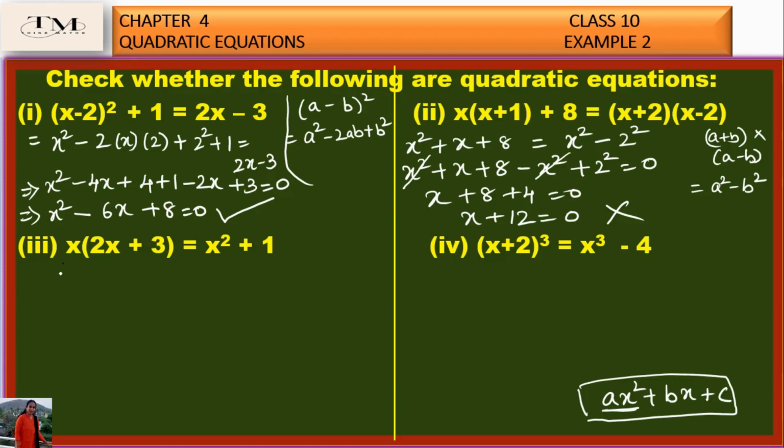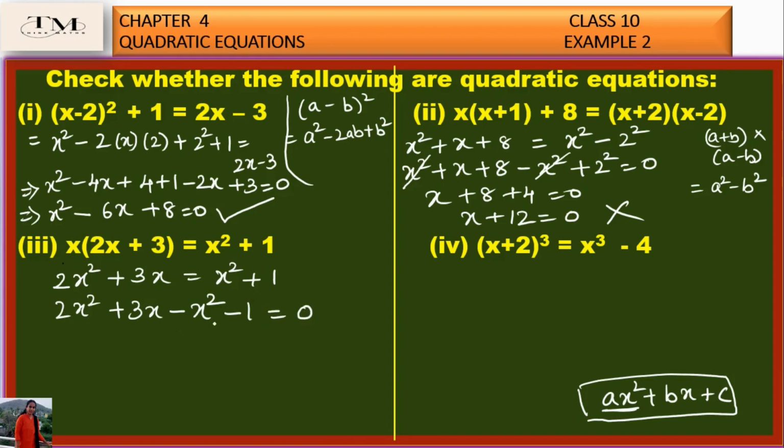Multiply this. x into 2x is 2x square, x into x is x square. Plus, so first write the constant 3, then the x term: plus 3x equal to x square plus 1. So 2x square plus 3x. So we are going to bring this to LHS. So plus x square will become minus x square, plus 1 will become minus 1, equal to 0.